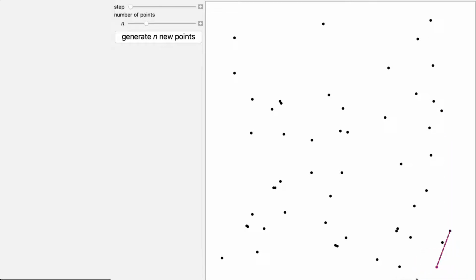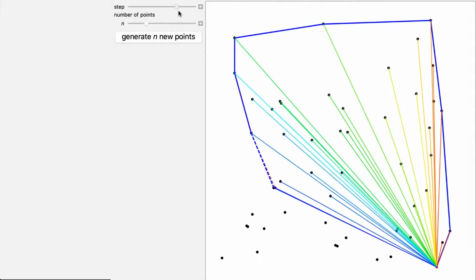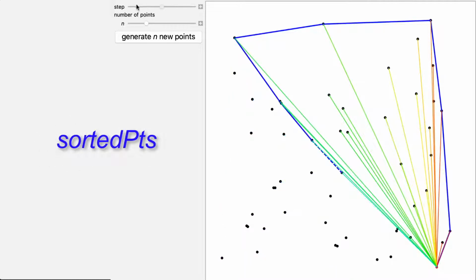If more than one point has this y-coordinate, the rightmost one is used. Second, all the remaining points are sorted by polar angle to the starting point. This can be accomplished without trigonometry by using the reciprocal of the slope, so the negative run over the rise, and using negative infinity if the points have the same y-coordinate. Call this list sorted points.